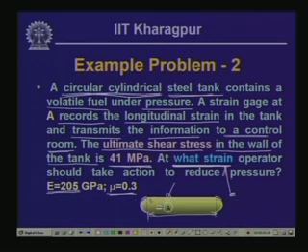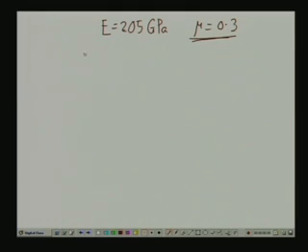Now, let us look into how we compute the value of the strain at which the operator should send the signal that the pressure is to be reduced. The value of E is given as 205 GPa, and the value of mu is equal to 0.3, the Poisson's ratio. As we know, in the case of a spherical vessel or a cylindrical vessel, the values of sigma 1 and sigma 2 can be computed in terms of the pressure.